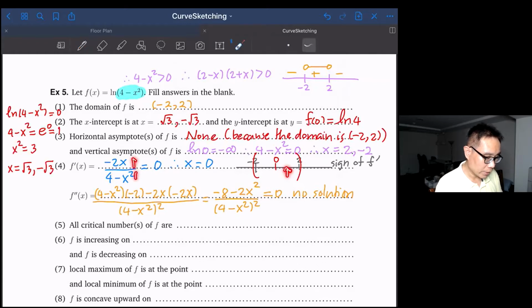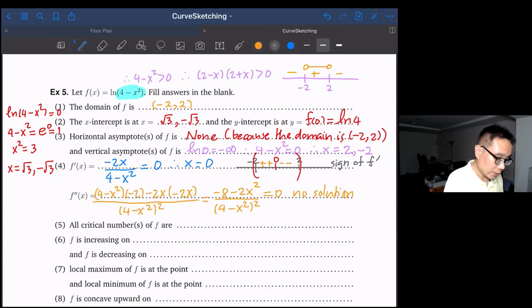It's going to be negative on top, positive on the bottom. So it's going to become negative. Okay, and when x equal to negative 1, it would become positive. Okay, so this one will be the sign for f prime.